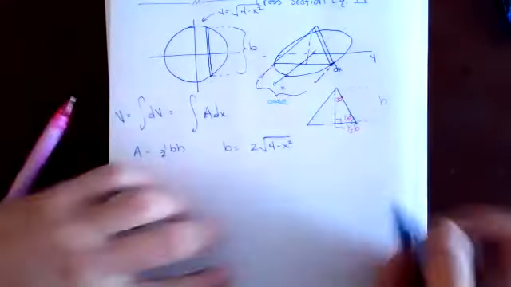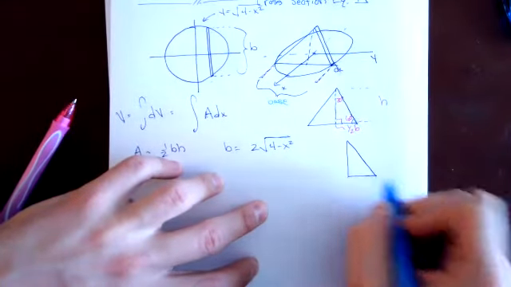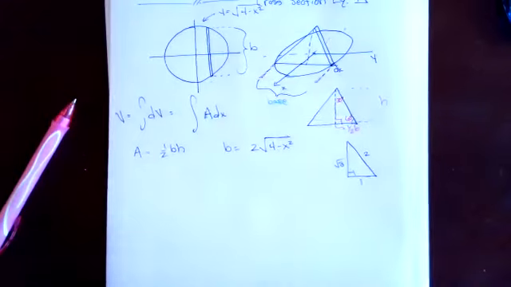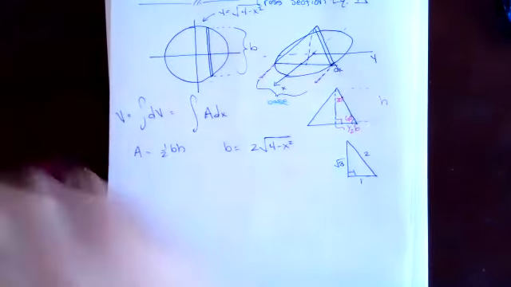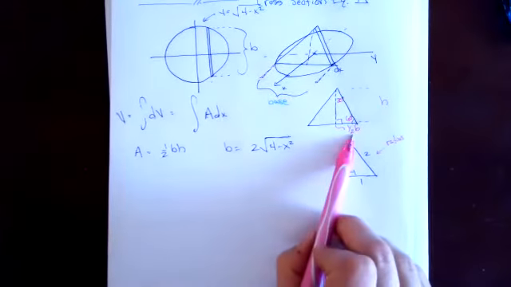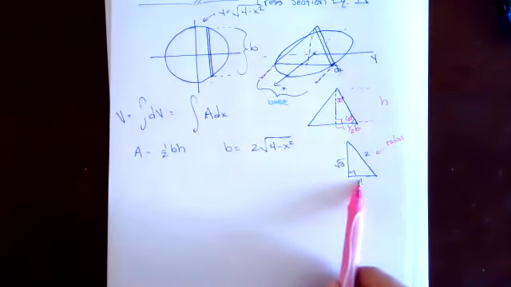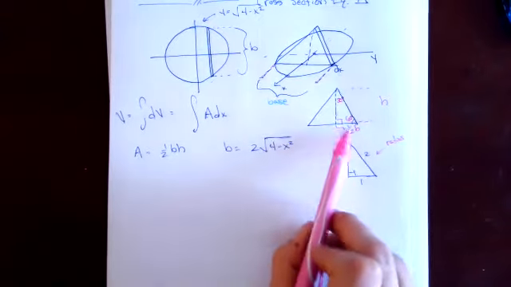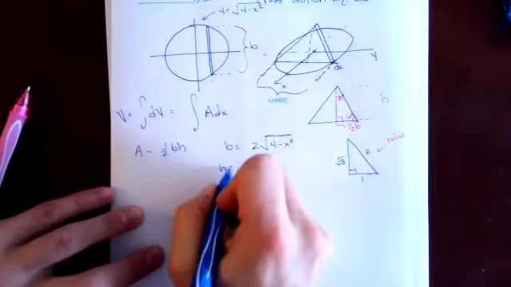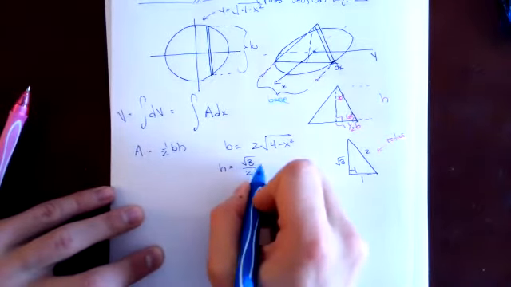And in a 30-60-90 triangle, the ratios are 1, 2, square root of 3. Which means that if I take half the base as the lone small side, the height is then the square root of 3 times that. So the square root of 3 times 1/2 the base.